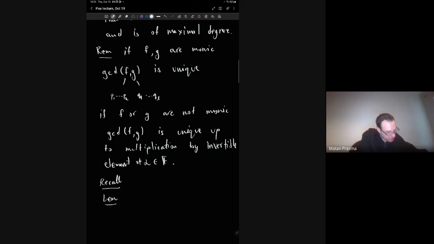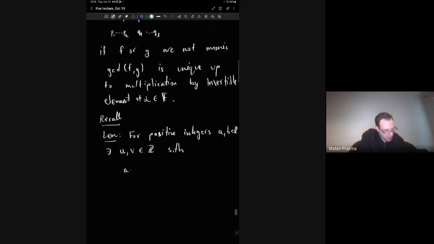But the statement is, for positive integers, let's say A and B, there exist some integers U and V such that AU plus BV is equal to the GCD of A and B.